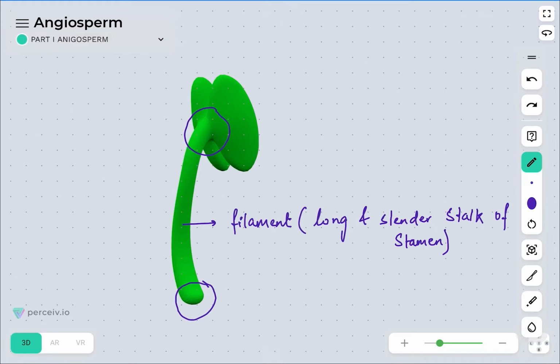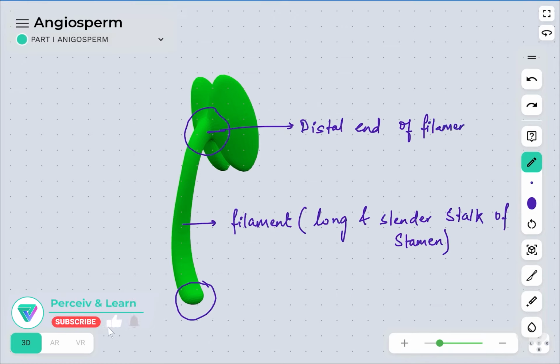The end which is attached to the anther is called the distal end of the filament. This is the distal end of the filament, which is attached to the anther.